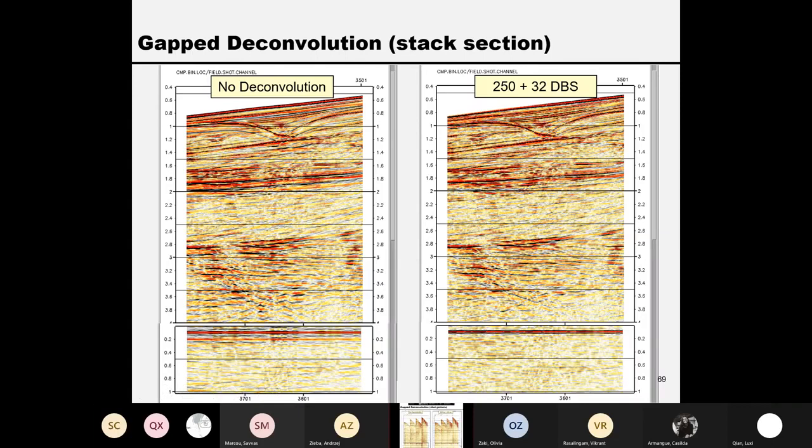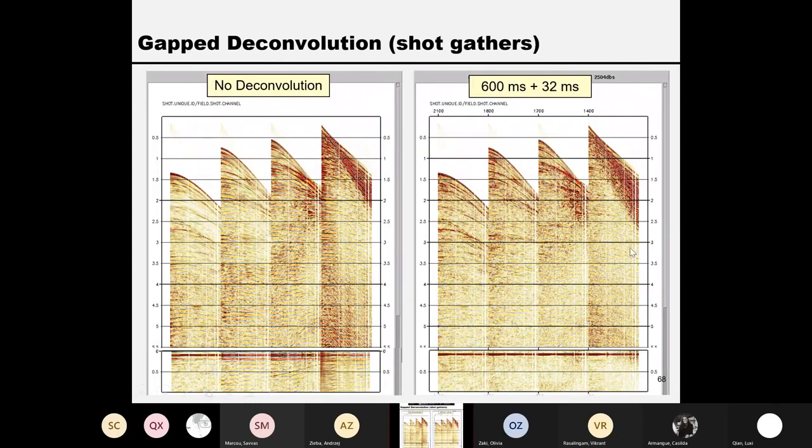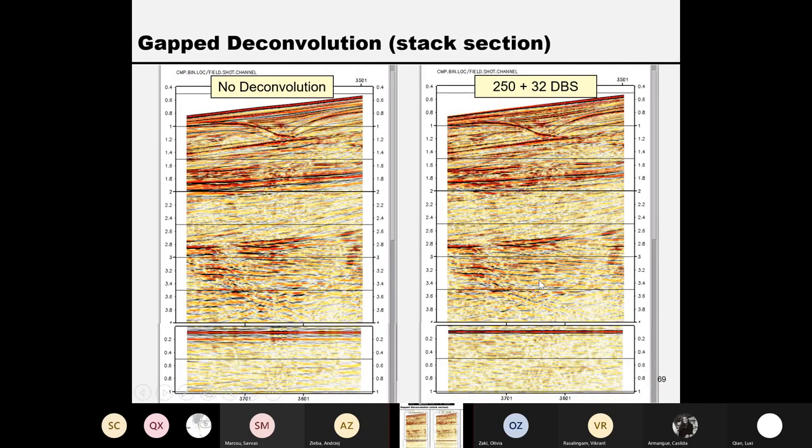No, it's from here. You have the original data, then you do a predictive decon, and based on this predictive decon result, you generate the stack section. So this is deconvolution before stack, DBS. Parameters are 250 milliseconds and 32 milliseconds, right? We already showed that before.